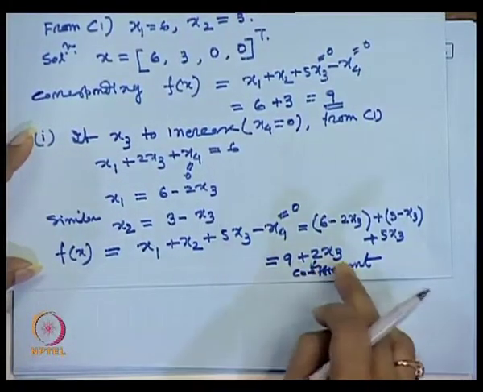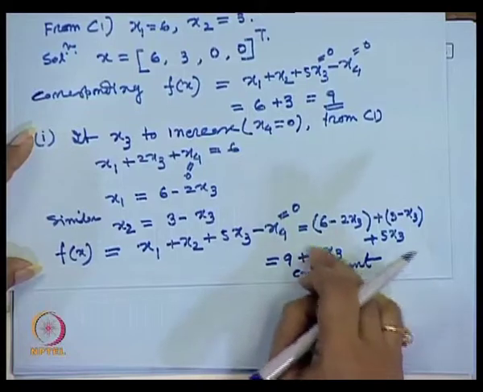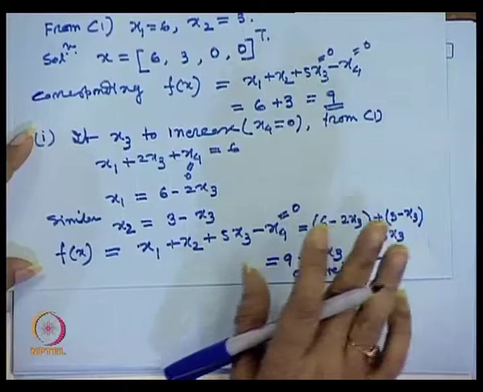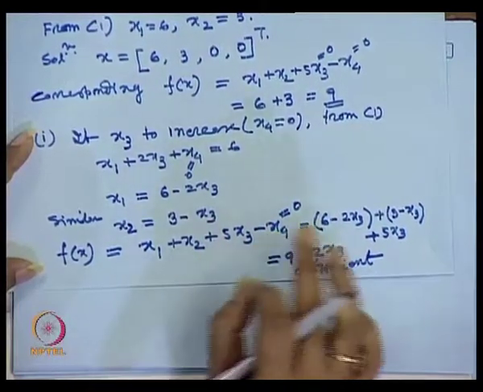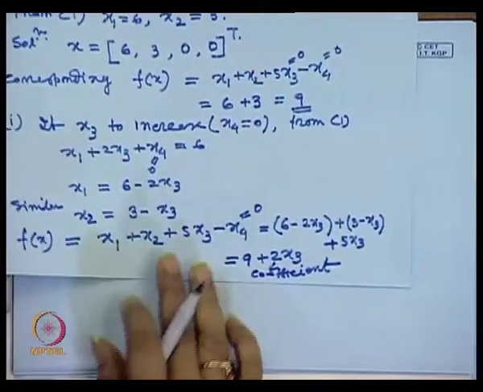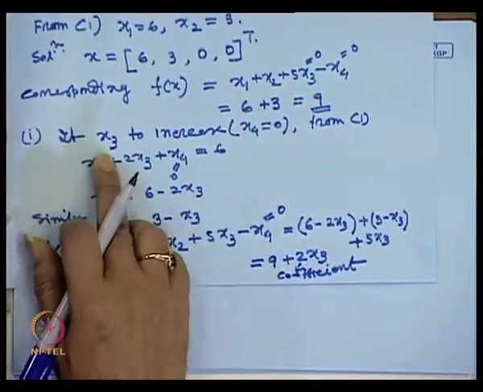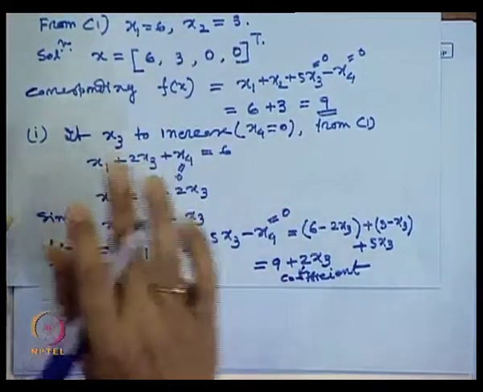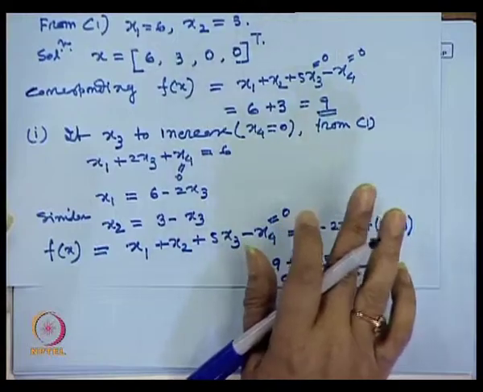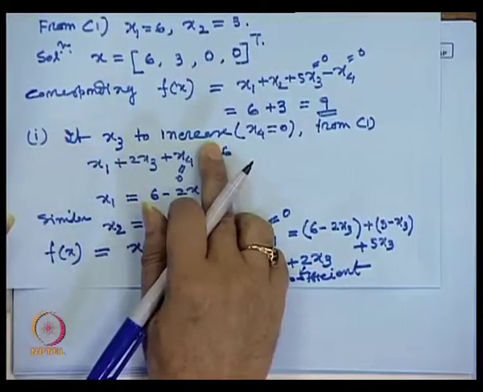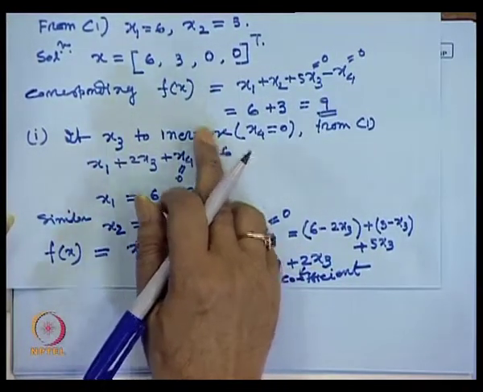When will it reduce? If the coefficient associated with the variable is a negative quantity, then it will reduce the cost. In that sense, the coefficient associated with this one is called reduced cost. So our conclusion: if we consider x3 from non-basic variable to basic variable, we will not be able to reduce the function value from the previous value. So this cannot be a choice for basic variables.